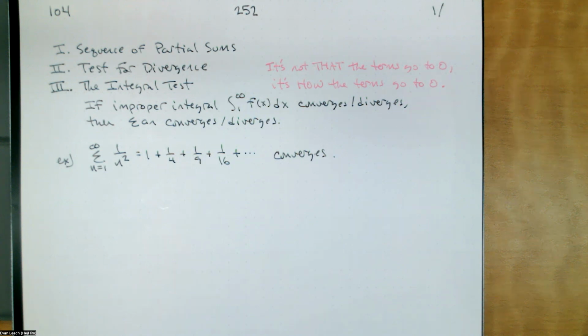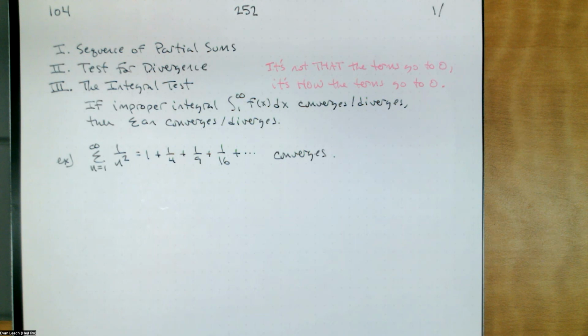This led us to our first important conclusion, and that's the test for divergence. If the limit of the terms is not zero, the series diverges. This was an important thing to recognize. If the limit of the terms is not zero, then the series converges. Sorry.